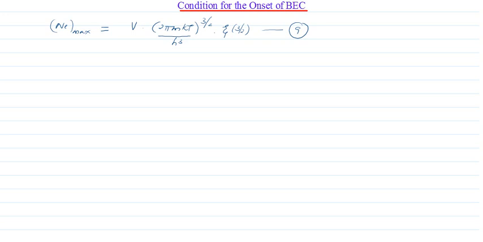That is a speciality. The bosons, since they are not bound to obey the Pauli exclusion principle, even at low temperatures, the ground state has no restriction in the number of particles it can accommodate.